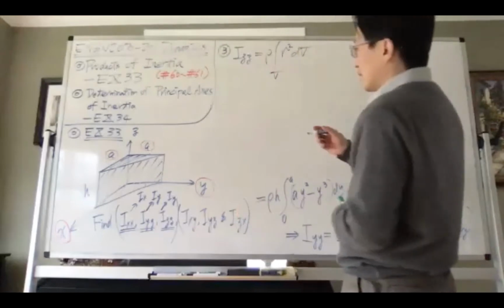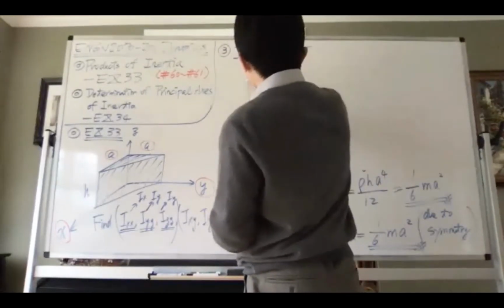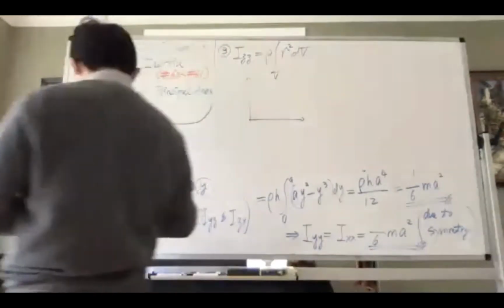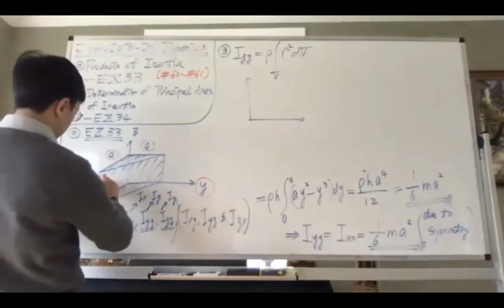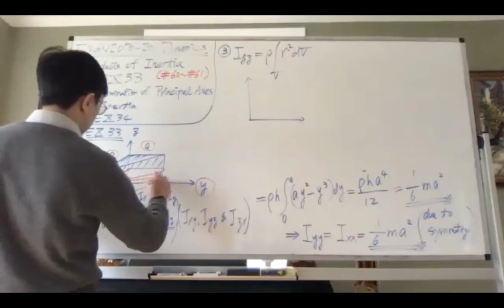You notice that when you calculate rotation with respect to the z-axis, you're looking at this. You're not looking at taking the strip. The strip must be cut like this. You have to cut this kind of strip.